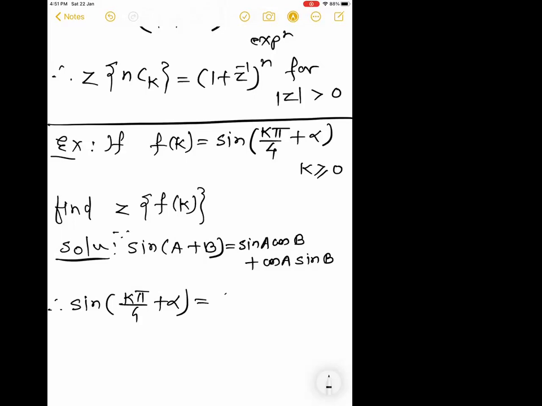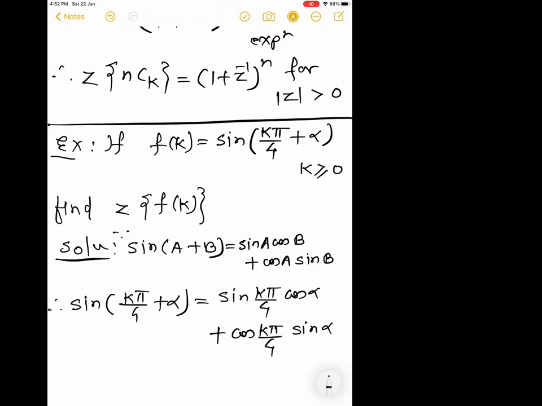That is sine of k pi by 4 into cos alpha plus cos of k pi by 4 into sine alpha.